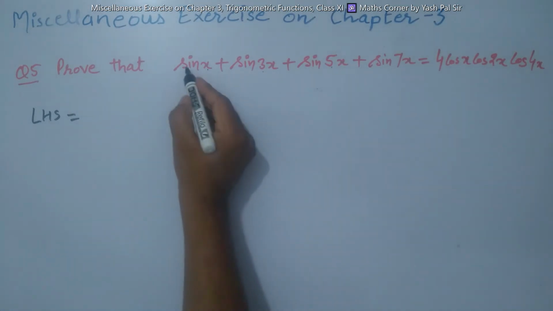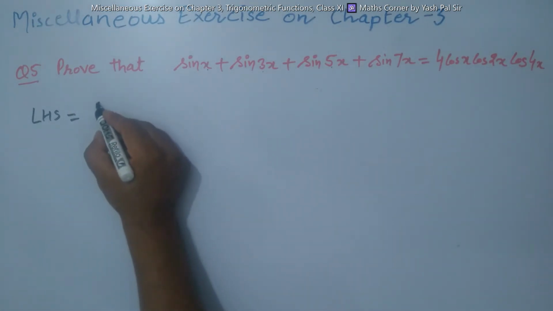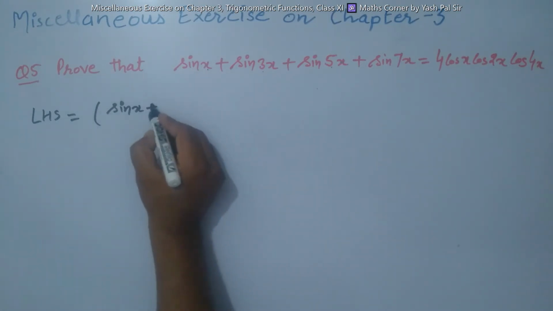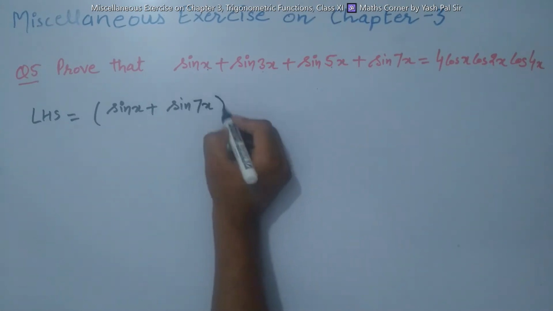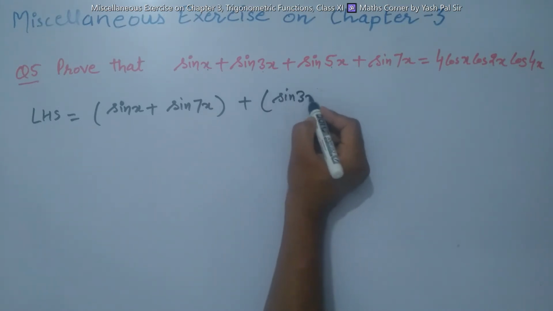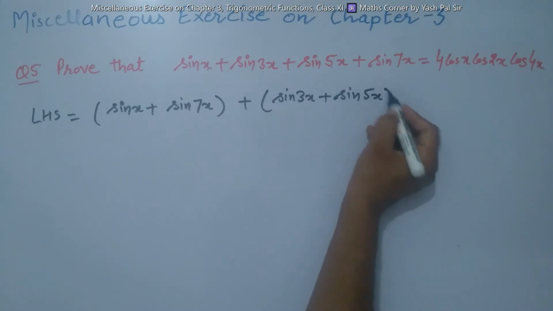So this way we select to make the pairs. The first pair is sin of x plus sin of 7x. The second pair is sin of 3x plus sin of 5x.